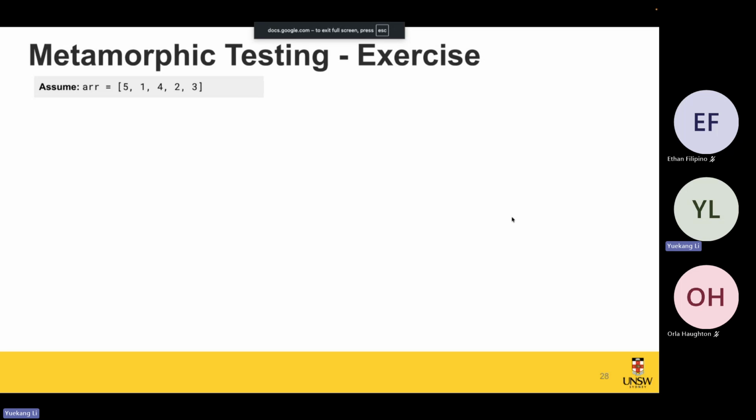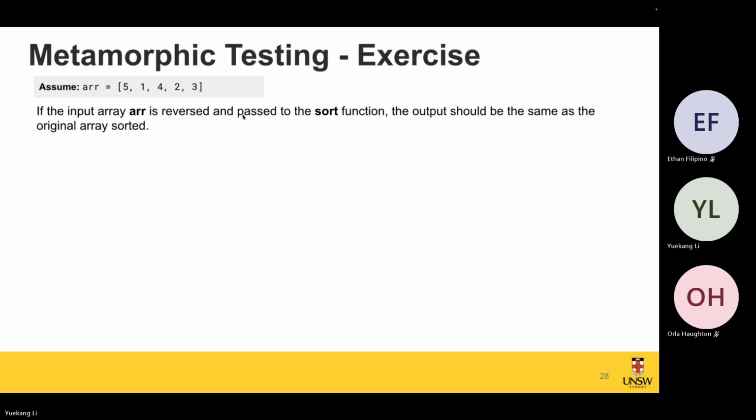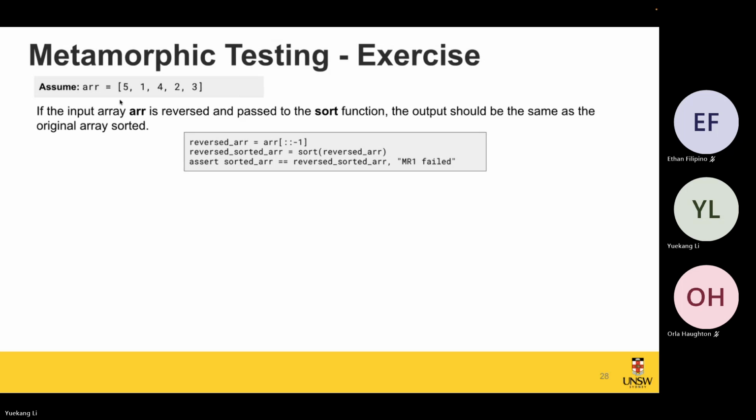Let's see why. So let's assume that we have this array 5, 1, 4, 2, 3. The first metamorphic relation is if we reverse the array and pass it to the sort function, then we should get the same result as the original sorted array, right? So this is a valid metamorphic relation.